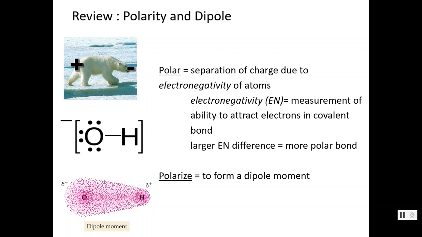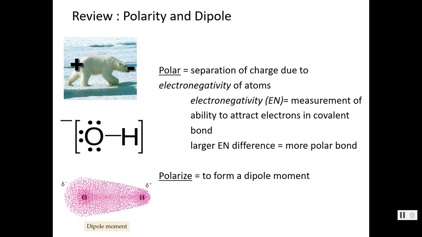And polarity, that doesn't mean this cute little polar bear here. When chemists talk about polarity, when we say something is polar, that means that there is a separation of charge in that covalent bond. And that separation of charge is due to something called the electronegativity of the atoms involved.